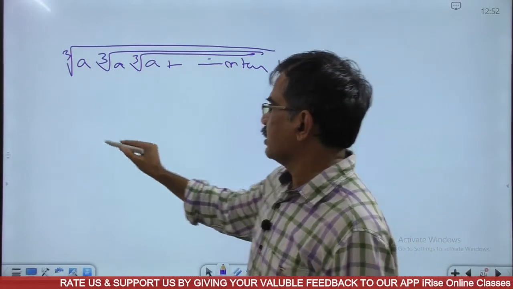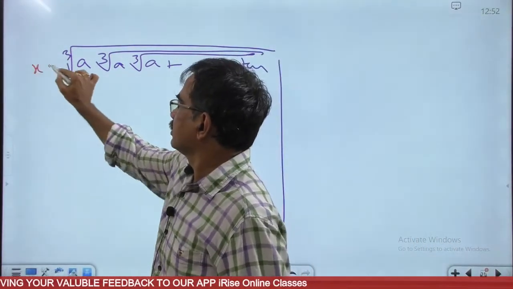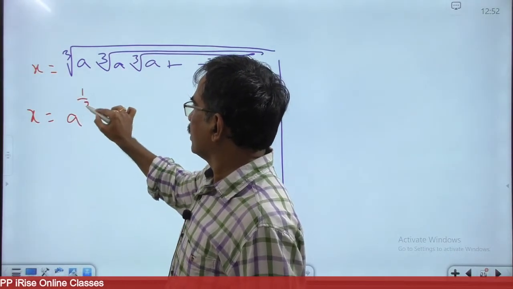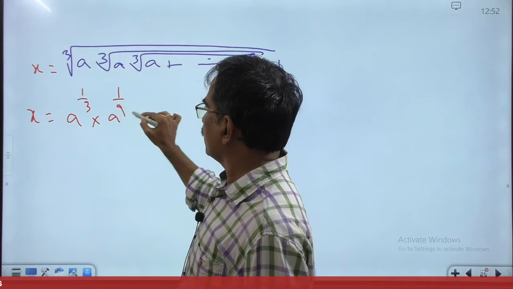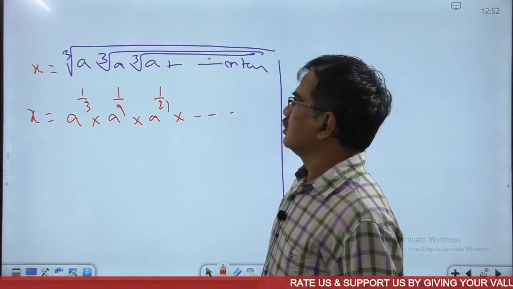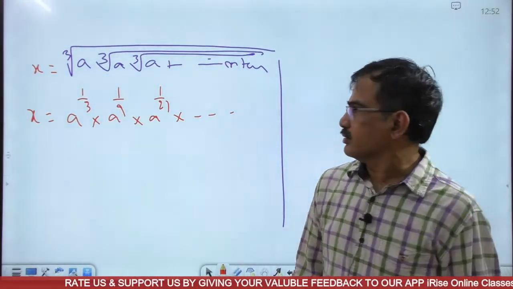If n is given, then consider this as x. x is equal to a power 1 by 3 into a power 1 by 9 into a power 1 by 27 into so on. Cube root of cube root is nothing but 1 by 9.